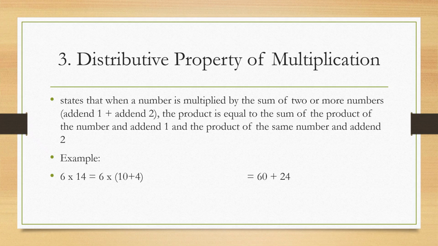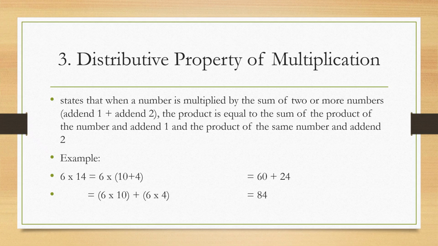Okay, now next step is that the numbers after the equal sign, you have 6 times the ones inside the parentheses. You have to distribute 6 on the given addends. You have addend 1, which is 10, and the second addend is 4.